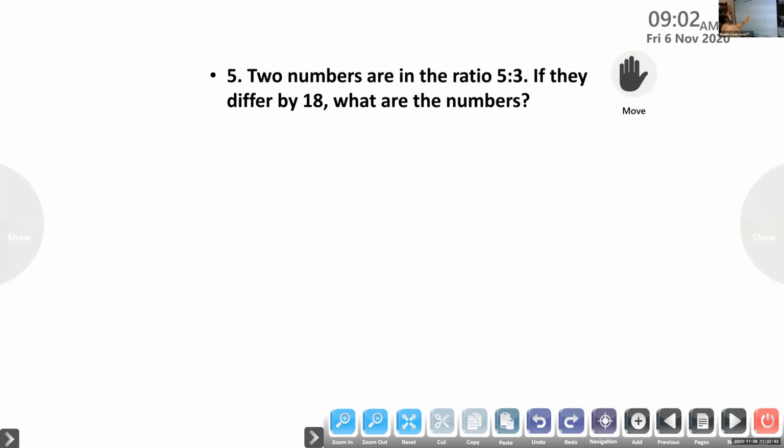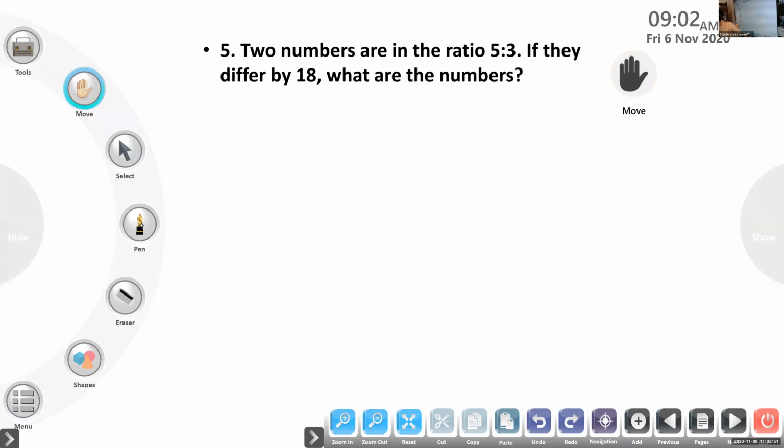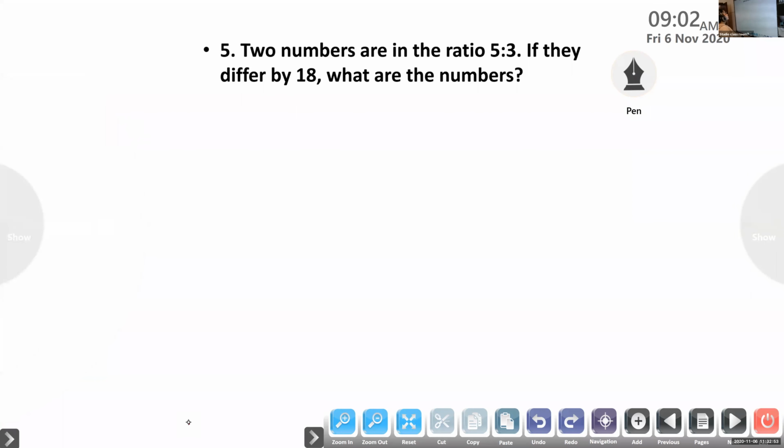Again, record. Two numbers are in the ratio 5:3. If they differ by 18, what are the numbers?